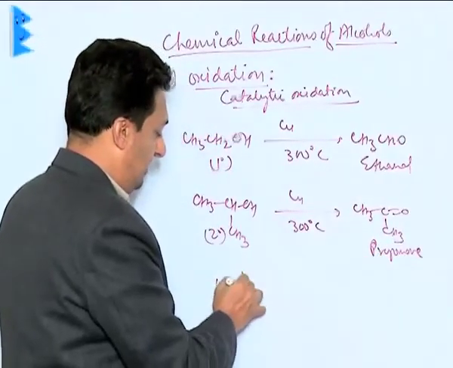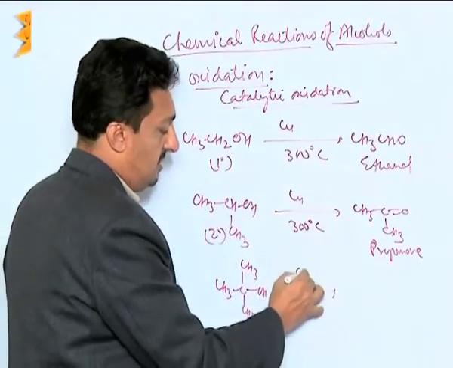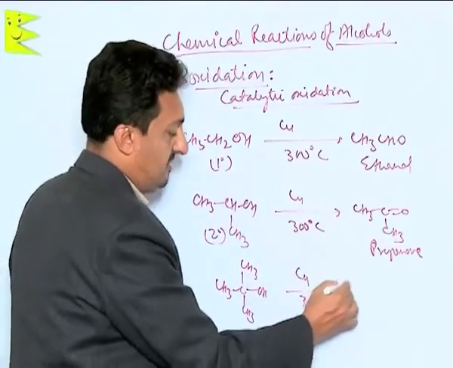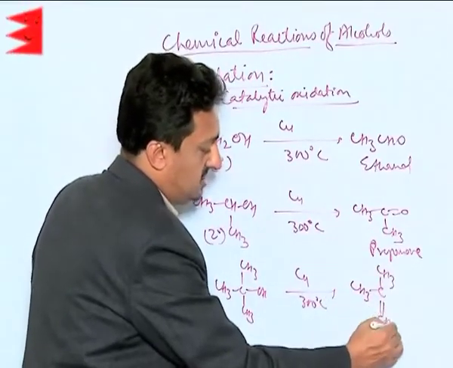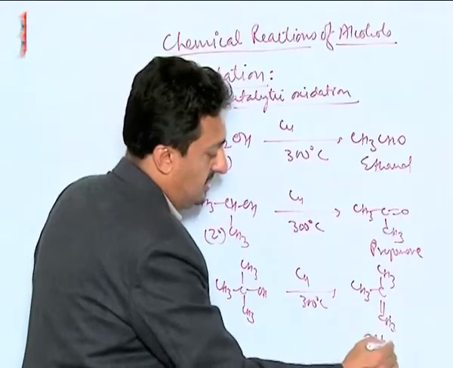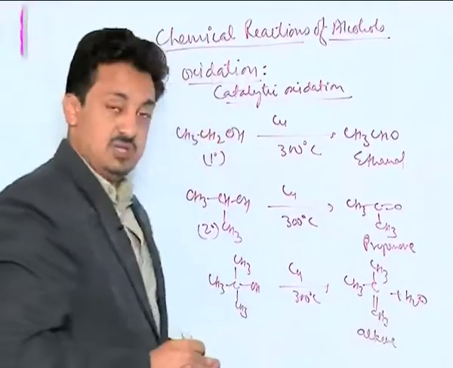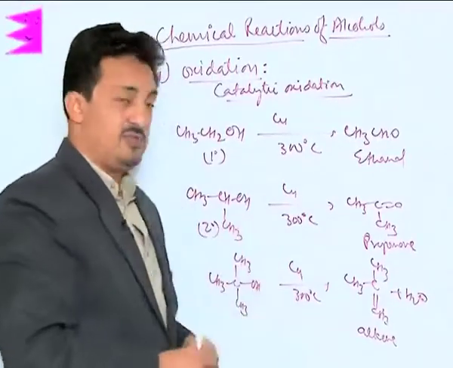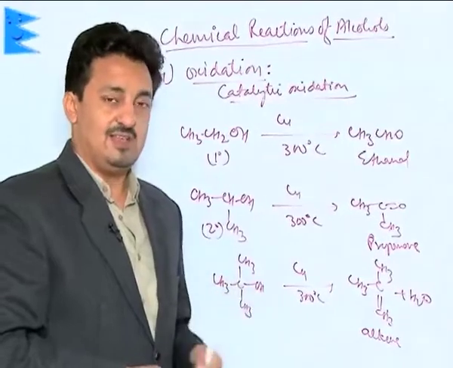And very similarly, if we have a tertiary alcohol with copper at 300 degrees Celsius, it shows dehydration and gets converted to an alkene rather than showing the oxidation. So that's the basic difference. Yes, we can prepare aldehydes and ketones from primary and secondary alcohols catalytically also.